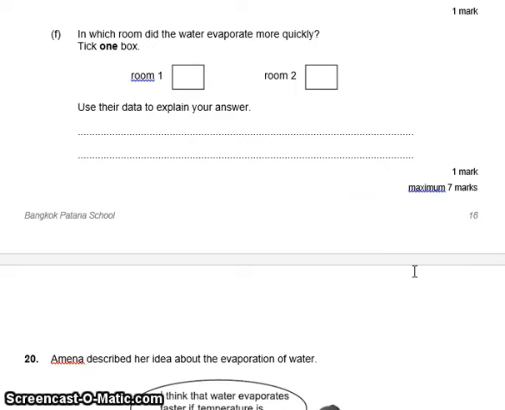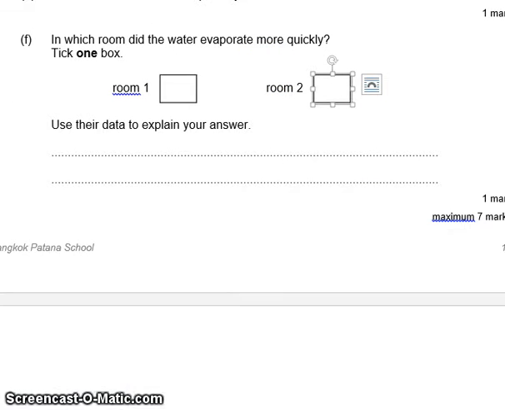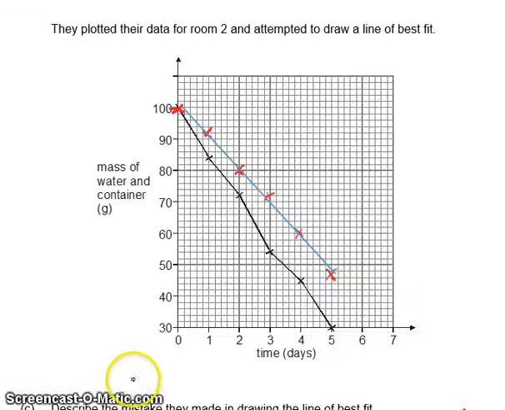Right, in question F, they wanted you to tick which box you think the water evaporated most quickly. So I'm going to put a tick in, sorry, I'll pause that and put a tick.